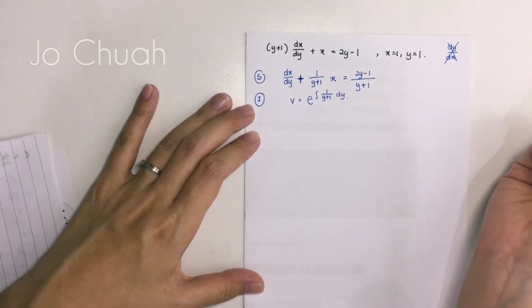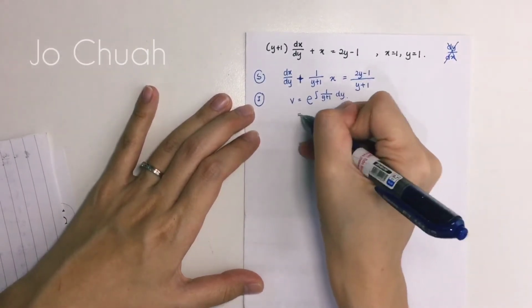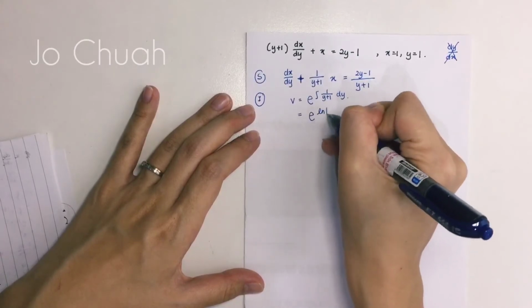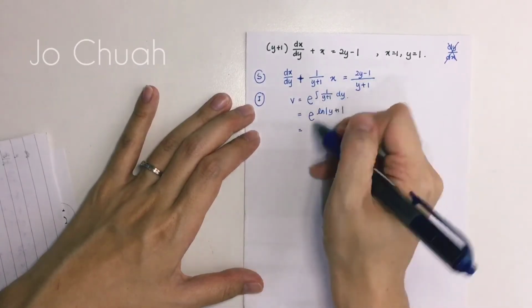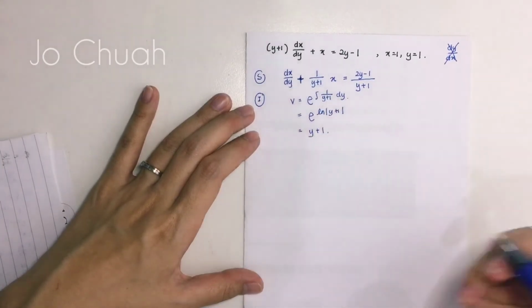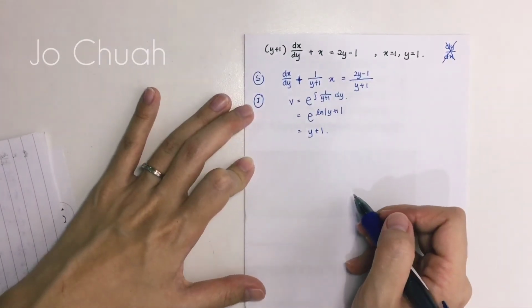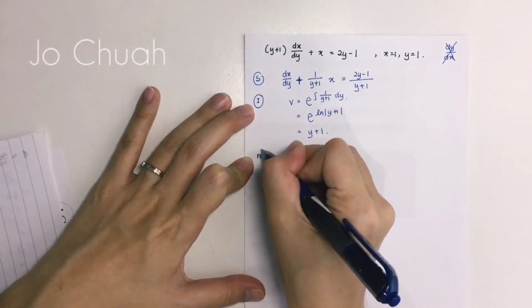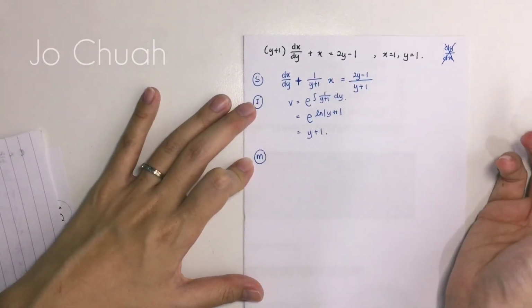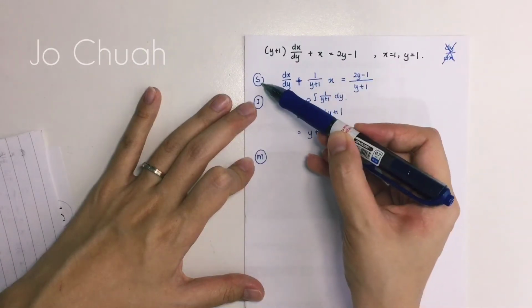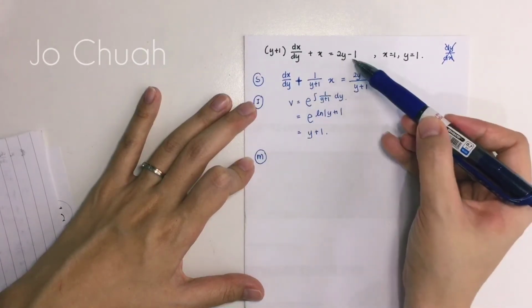So your integrating factor v is equal to e to the power of integrating 1 over y plus 1 dy, because it's no longer dx, right? So this one, you're going to get e to the ln y plus 1. So what you have is e to the ln, right? So it's just y plus 1. This is your integrating factor. Next step, M, multiply with each of them. Reminder, you're going to multiply with the step S and not the question.